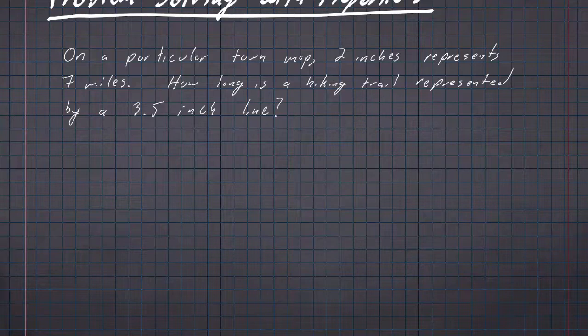That is the entire idea of a proportion. So once we've determined that we are going to model this situation using a proportion, we can dive right in. A proportion is always going to be written as some fraction equals some other fraction.